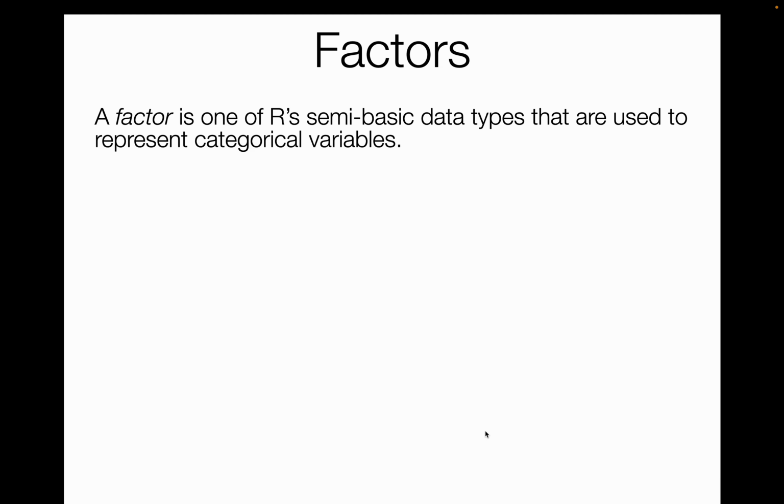So that's nominal. But what if we have data that is categorical and ordinal? When we have categorical ordinal data, we do have categories, so again, it doesn't have units associated with it, but there is an order. You could think of military ranks as categorical ordinal traditionally.